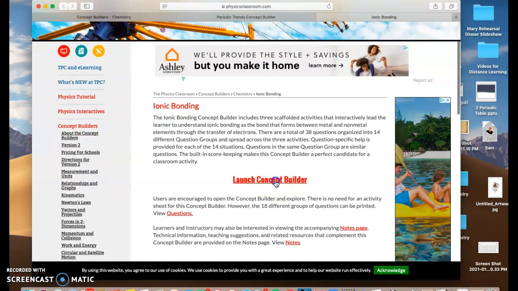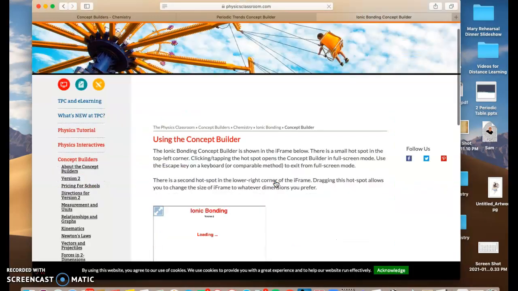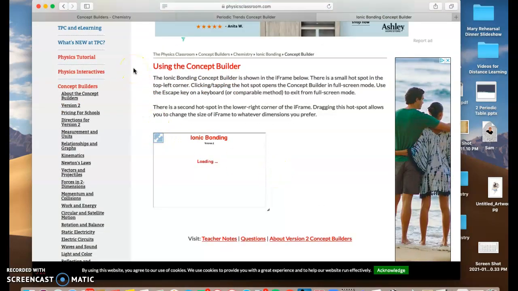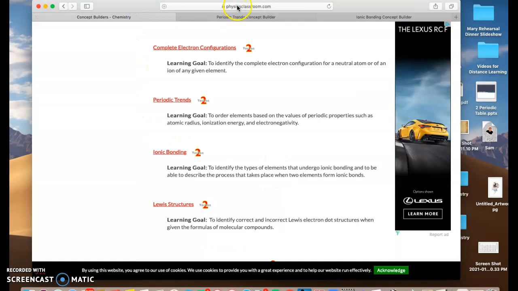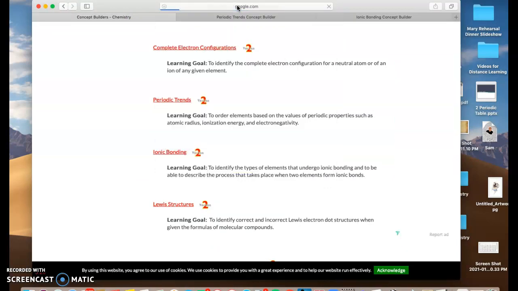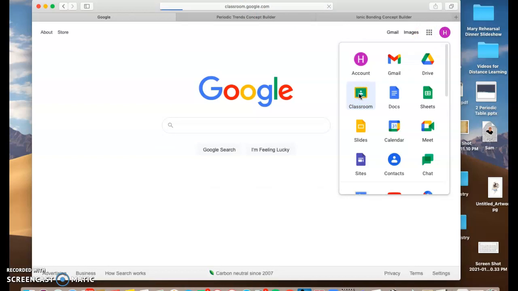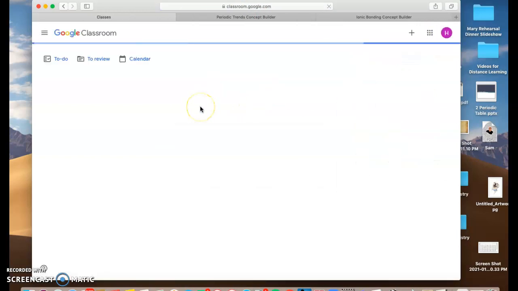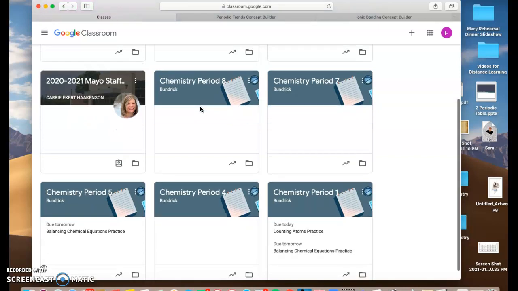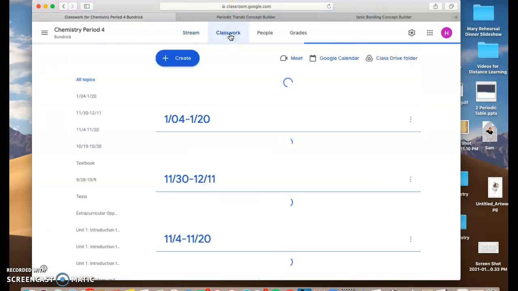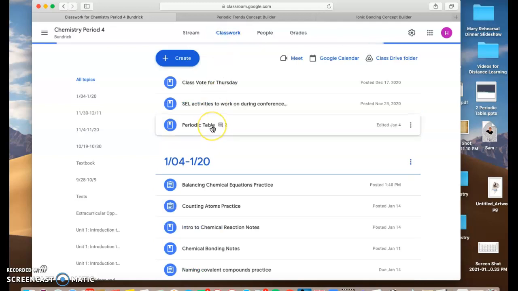For ionic bonding, there's going to be a couple resources that are going to be helpful to have open for this. So if you go to Google Classroom, one thing that's going to be helpful to have open is the periodic table.